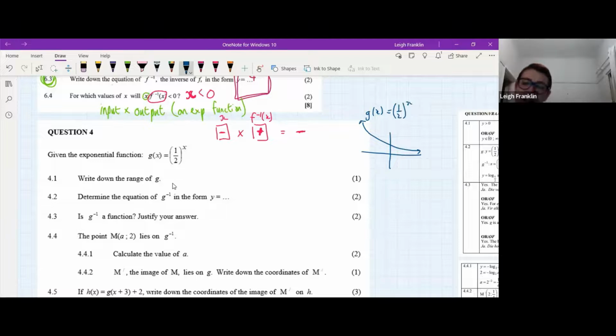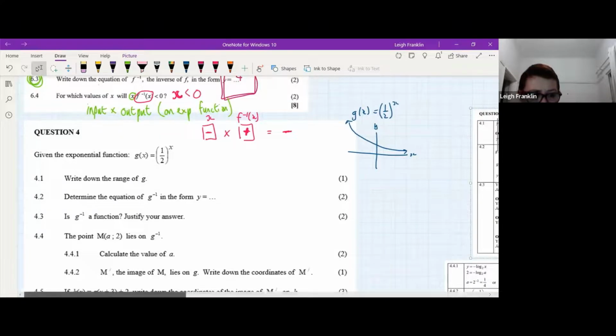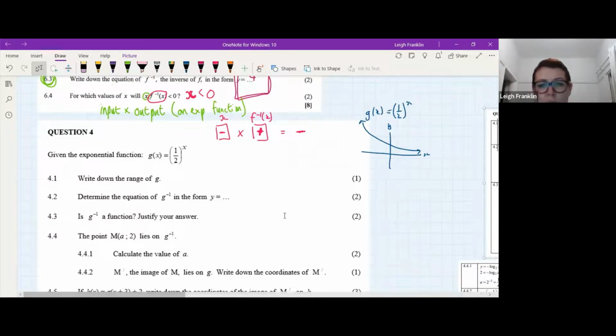It's a decreasing function. It is the reflection of y equals 2 to the x over the y-axis. There's your y-axis, there's your x-axis. That's what they're talking about. Write down the range of g. That's a pretty easy question. The range in this case, what would you guys say? Remember, the x-axis is the asymptote, the horizontal asymptote.